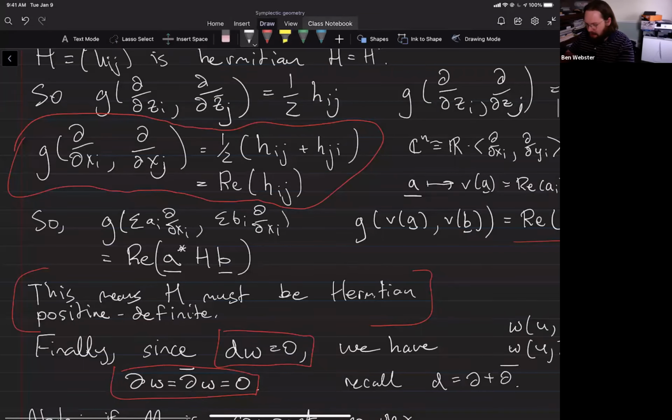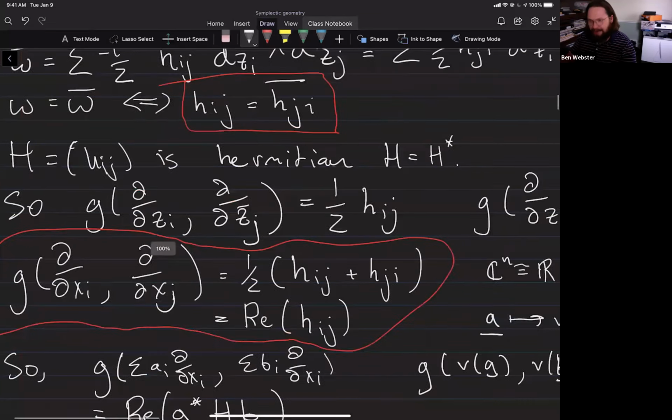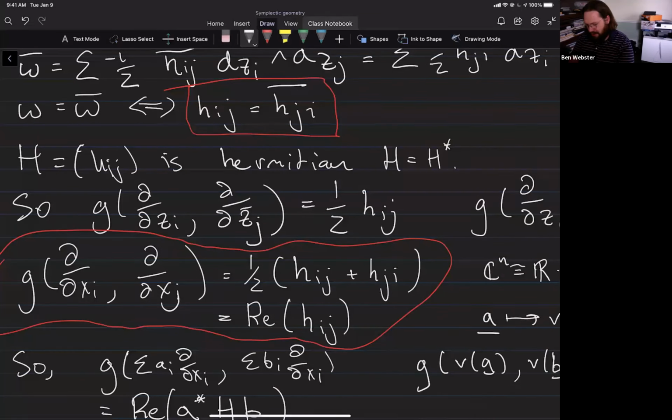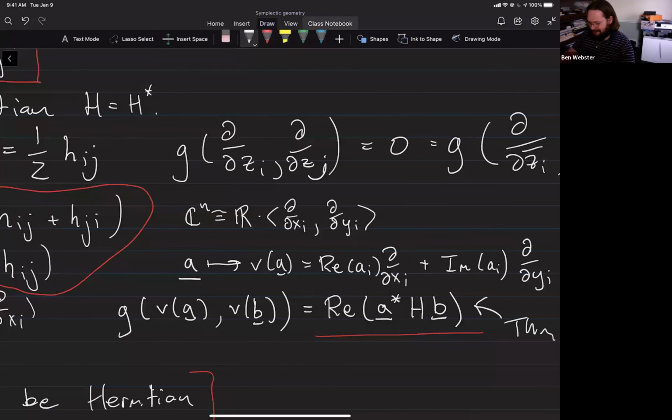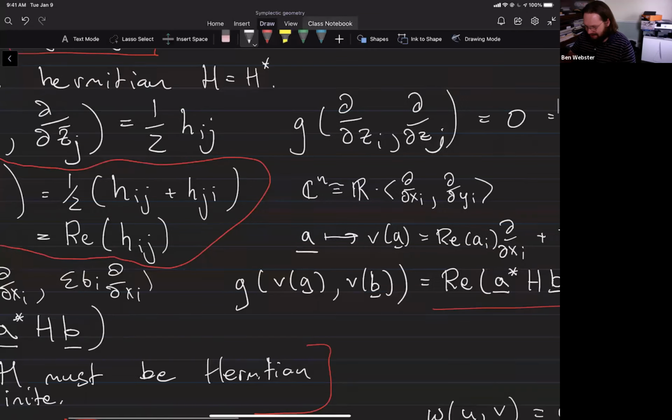I suspect you could look directly at this calculation with dz_i and dz_j bar, and if you thought hard enough about how complex linear algebra works, read off this condition, this equality. But I think it might be slightly easier to do everything in terms of x's and y's.